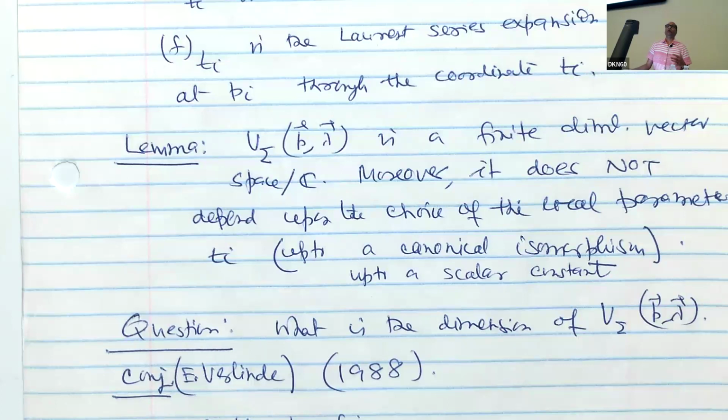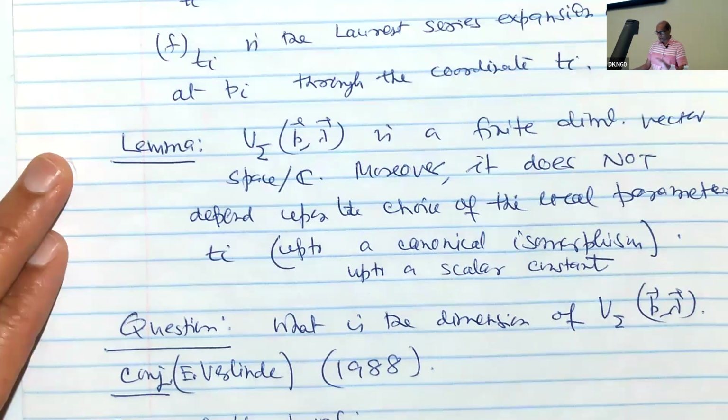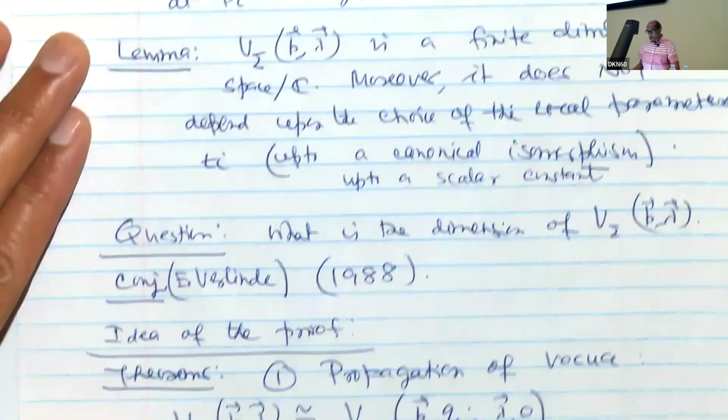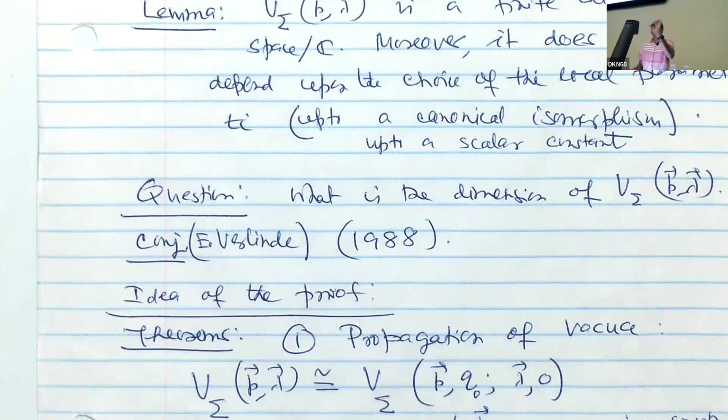The proof has lots of pieces, and the full proof runs into something like maybe altogether 200 pages. But I'm just going to give you a very brief overview of the main ideas of the proof. And I do encourage any question.